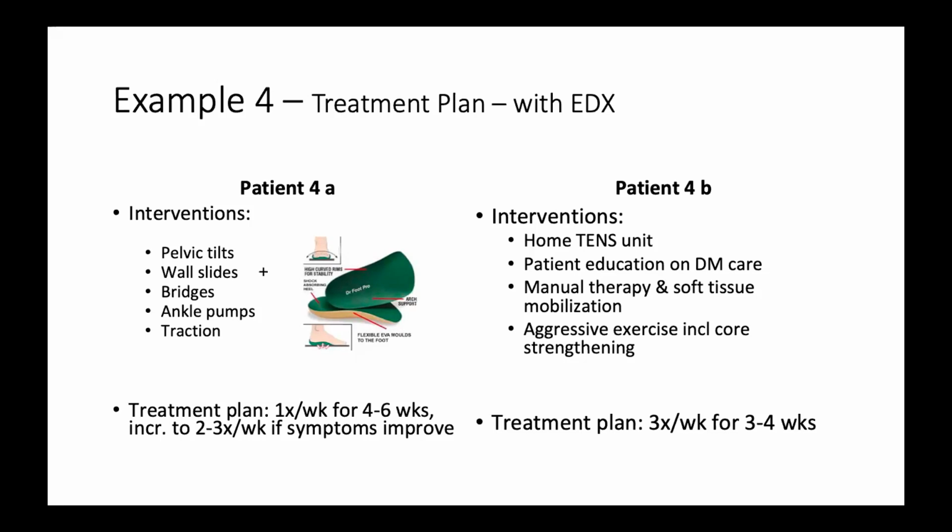The exercises can be more aggressive too, to work on improving stability and getting muscle strength restored to maximize his function. And the treatment plan can be more aggressive, increasing frequency to 3 or 4 times a week for 3 or 4 weeks, and the recovery should improve as the exercises take effect.